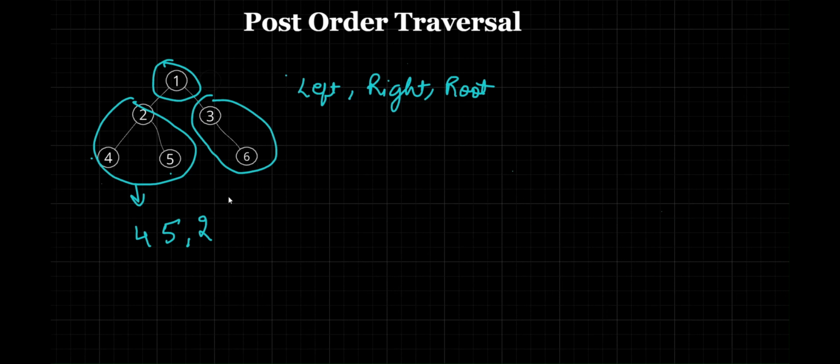Then for the right subtree, we do not have any left child, so we'll take the right child 6, then root is 3, and then the ultimate root of all these will be 1, right? So this is the post-order traversal of this complete tree.